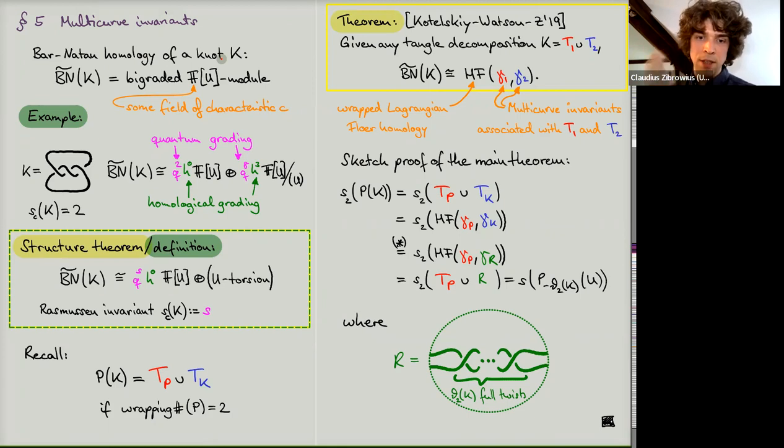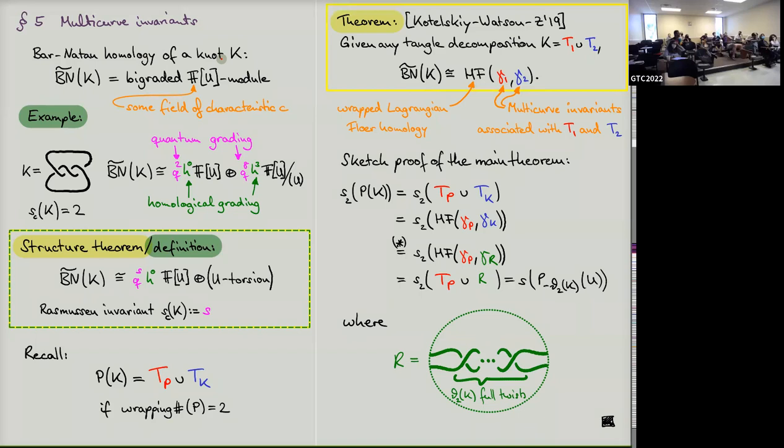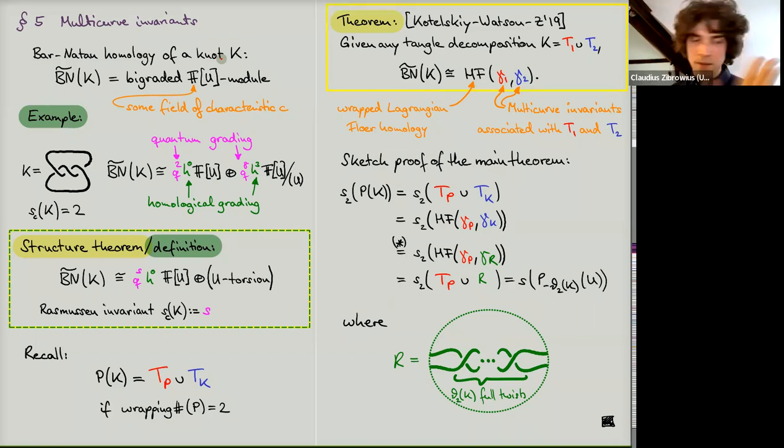So if you just compute the endomorphism ring of the trivial 1-1 tangle in Bar-Natan's cobordism category, then this endomorphism ring is isomorphic to F adjoin U. Sorry, so you don't kill genus? No, you keep them alive.